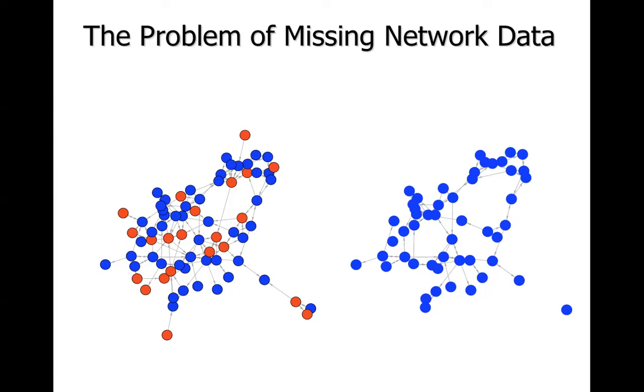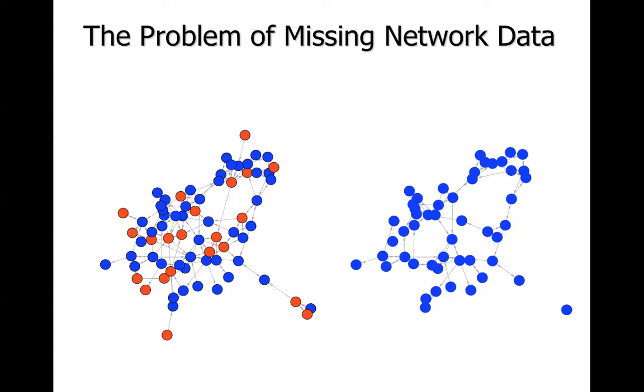Well, we can see most obviously, if we remove all of those red nodes, our non-respondents, that it looks like one of our actors is an isolate, when in fact, they're really not an isolate. They just happen to be friends of two other people who didn't fill out the survey.